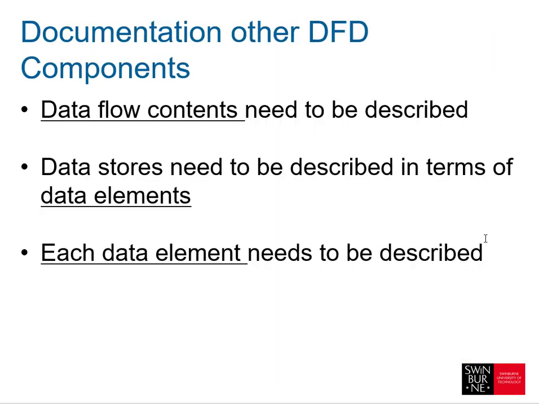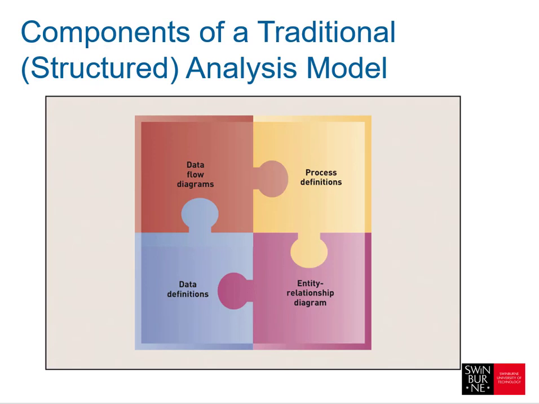So now remember, when you construct your data dictionary for your subsystem, you need to define data flow contents using the notations I have described, and then you need to describe the elements in your data stores in detail. Actually, that ends our structured or traditional analysis models.